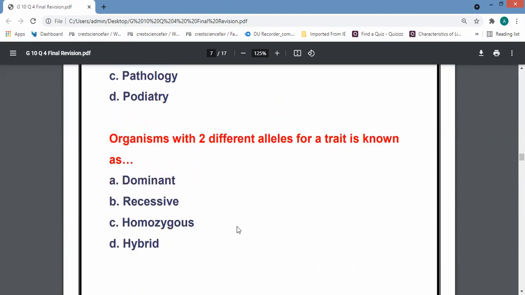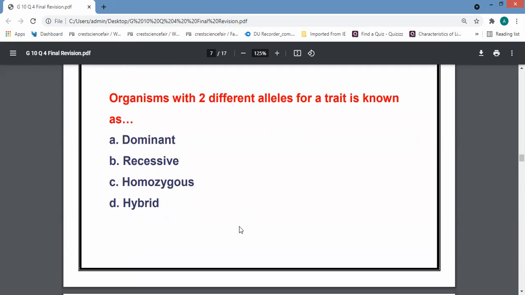Organisms with two different alleles for a trait is known as what? Two different alleles for a trait, which means same trait but different alleles, different genes. Dominant or recessive or homozygous or hybrid.